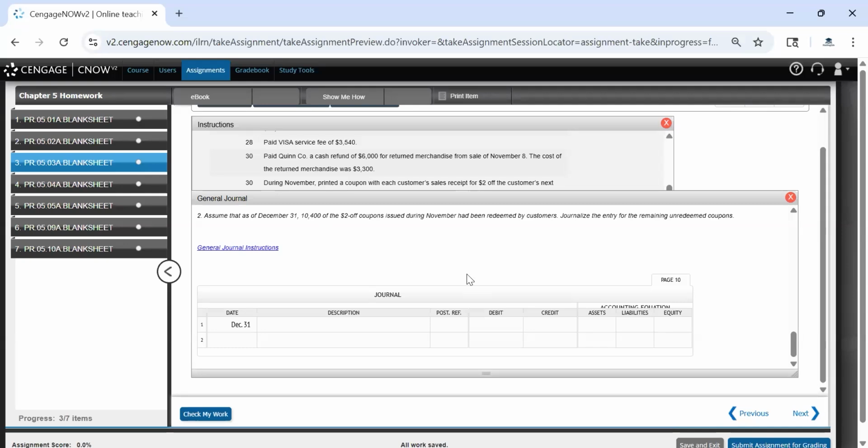There's a $1,200 credit balance in our coupons payable liability because there's unredeemed coupons. That means it's a liability at the end. We have to close this out, and since there's a credit liability, we need to debit that liability in order to close it out. So that's going to be a debit to estimated coupons payable for $1,200. And then we're going to credit our sales, which increases our sales.